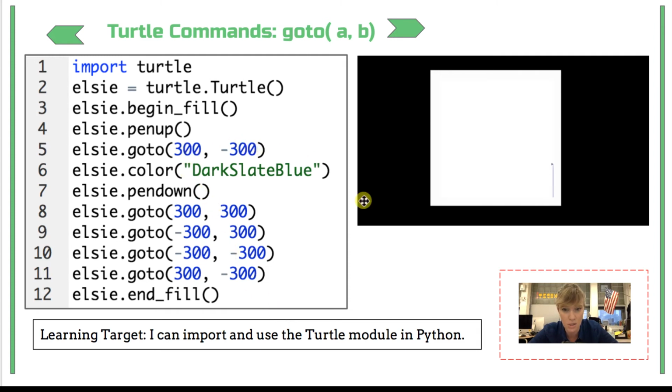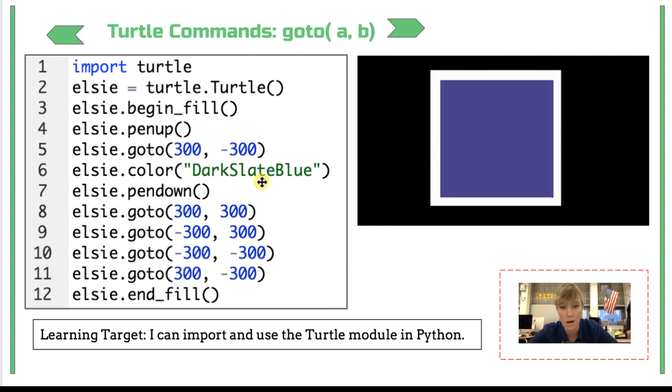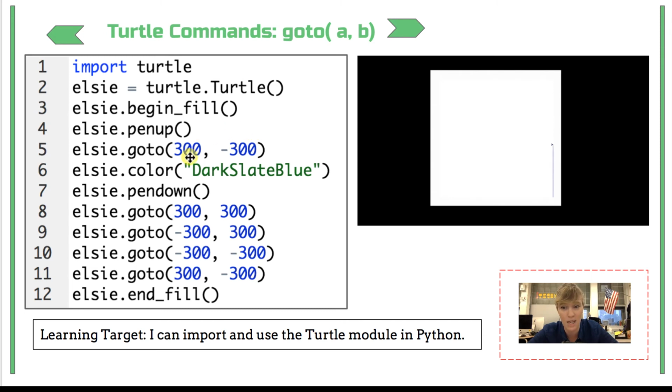The XY positions that are going to show up on your screen are going to be dependent on how wide your canvas is, which depends on how wide your screen is on the computer you're using while you're using Replit. When I use it on my laptop, sometimes when I put in XY coordinates, I can't see the edges of where they go to, but your screens are much larger on the computers you use here in class.